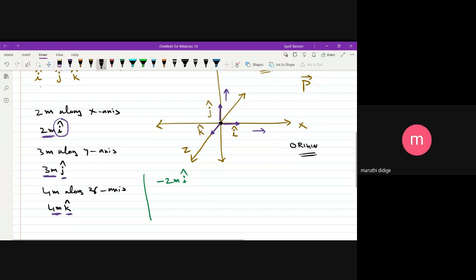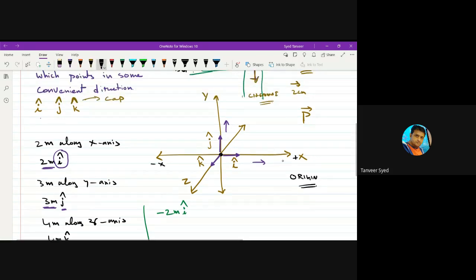From origin, if you go right, it is positive x-axis. From origin, if you go left, it is negative x-axis. If you go up, it is positive y-axis. If you go down, it is negative y-axis. If you come out of the screen, it is positive z-axis. If you go into the plane of the screen, it is negative z-axis.